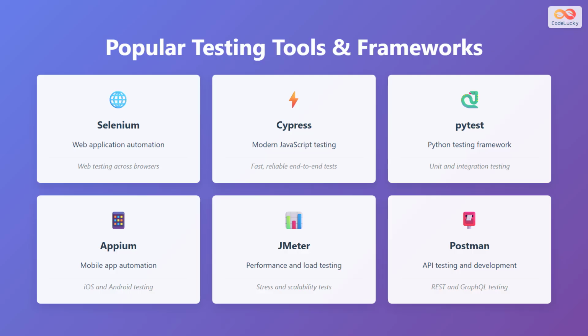Appium specializes in mobile application automation for both iOS and Android platforms. Apache JMeter is essential for performance and load testing, helping identify how applications behave under stress. Postman is a popular tool for testing REST and GraphQL APIs. Learning these tools is valuable because they are industry standards used by companies worldwide.